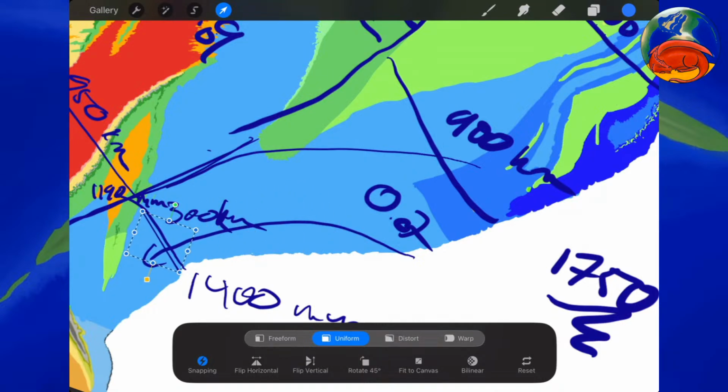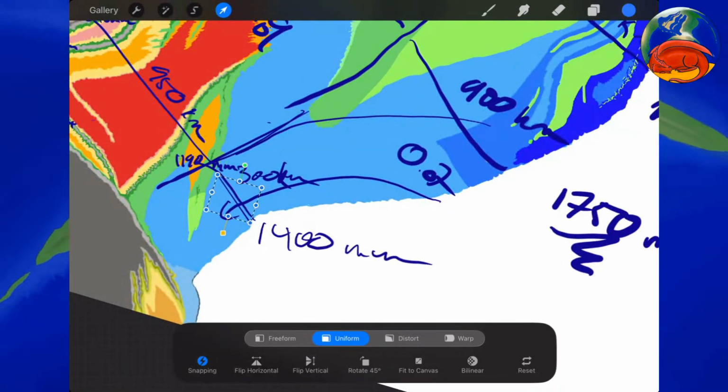I'll probably lower it around here. Yes, 1400 millimeters down here. Aha. Okay then.